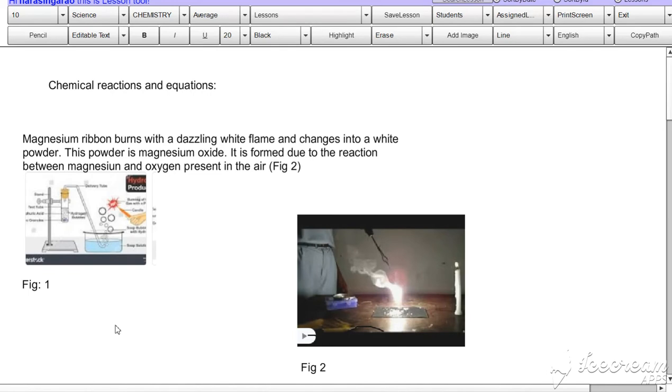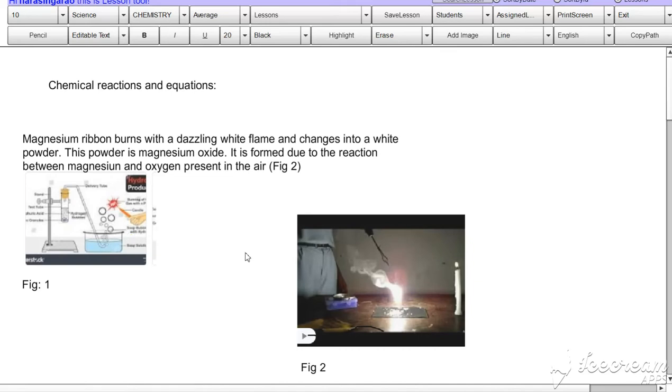Similarly, in figure 1, zinc granules are taken in a test tube and dilute sulfuric acid, H2SO4, is added. Bubbles of gas come out, and this is hydrogen gas, which is collected by downward displacement.